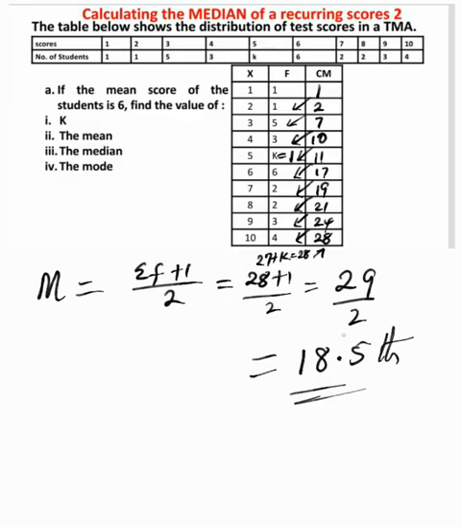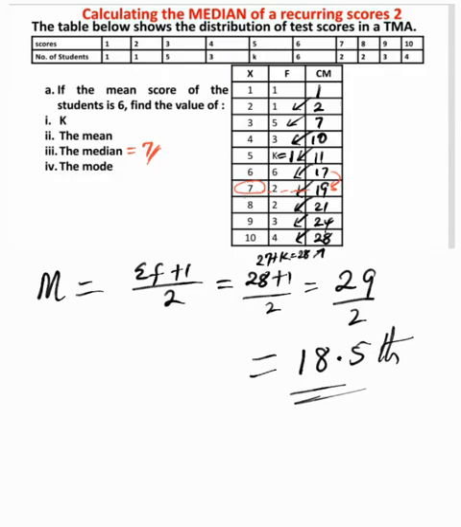We look at 18.5. 18.5 is already more than 17, so it is within 19. So we now trace this to the score, which gives 7. Therefore, the median is equal to 7.